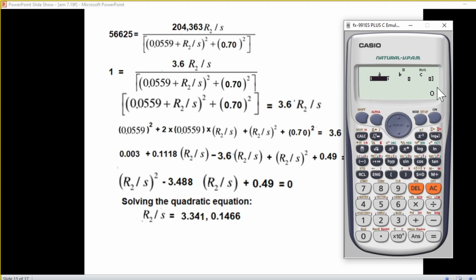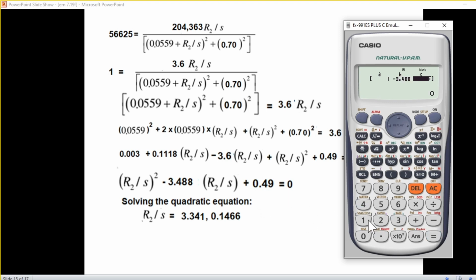And now it is asking the coefficient for the first part. So the coefficient here is 1, so we'll put 1 equal sign. Coefficient of second part is minus 3.488, so minus 3.488 equal sign.